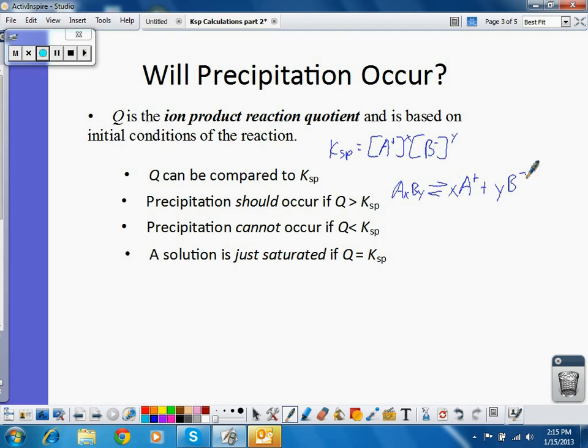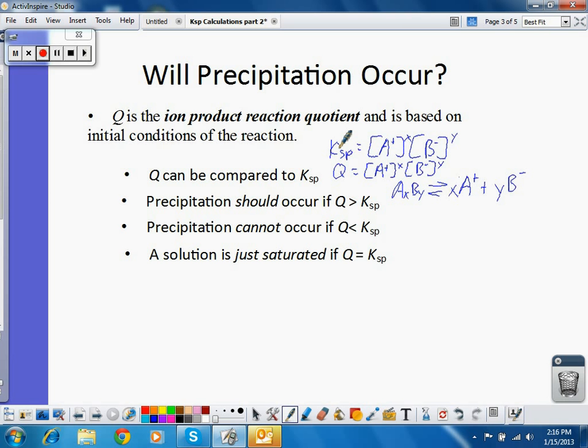So I can calculate a Q. Remember, the Q expression looks just like this, except that I'm not at equilibrium. So, not at equilibrium, at equilibrium.